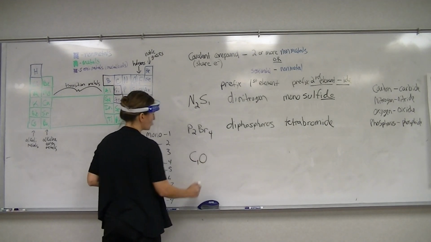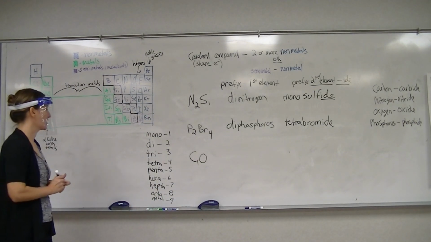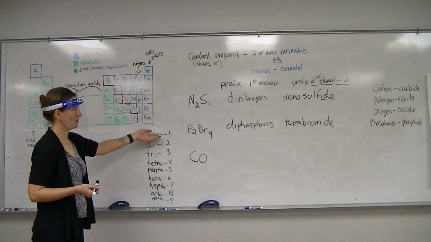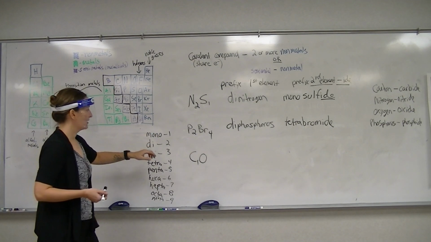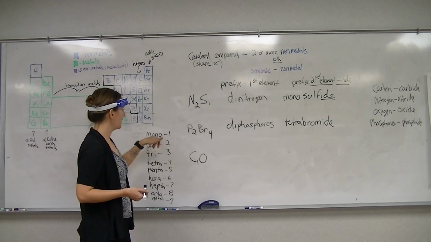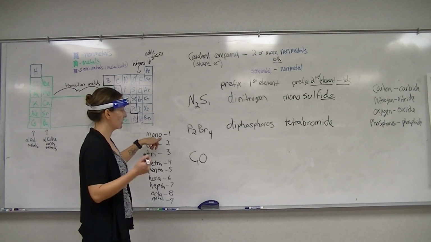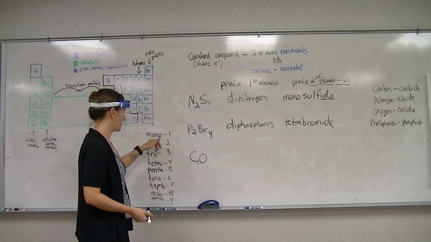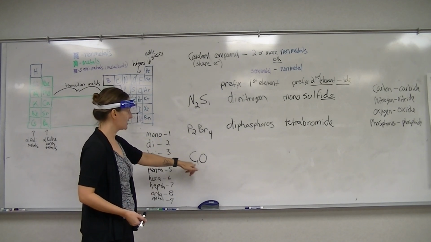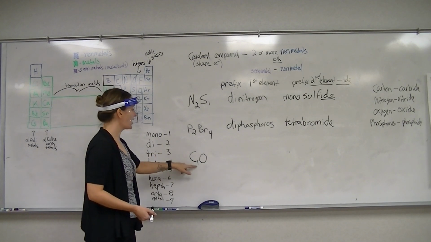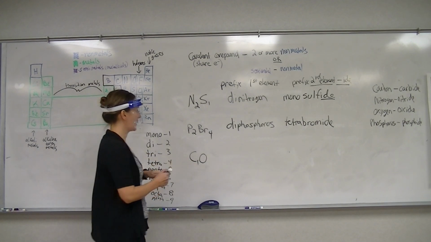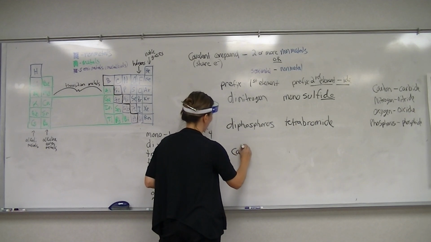In this case, there's only one carbon, so I should start with mono. But here's the exception. The first element present, if there's only one, you do not use a prefix. That's the only time you don't use a prefix, when it's the first element and there's only one of them. So I'm not going to write monocarbon. I'm not going to use a prefix. I'm just going to write carbon.